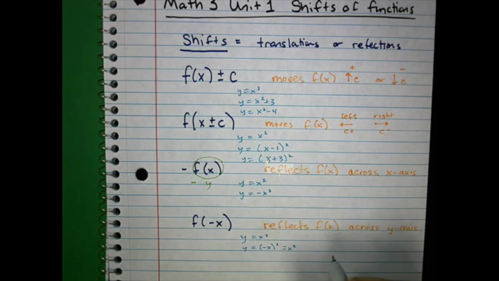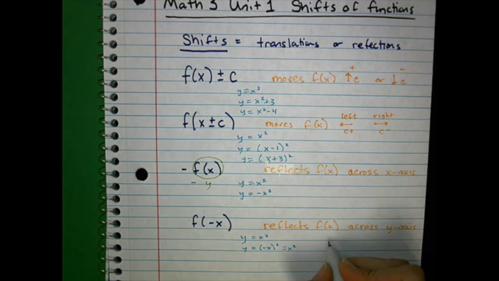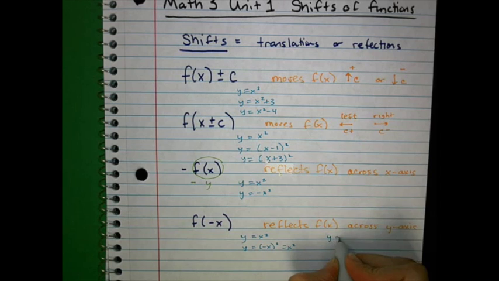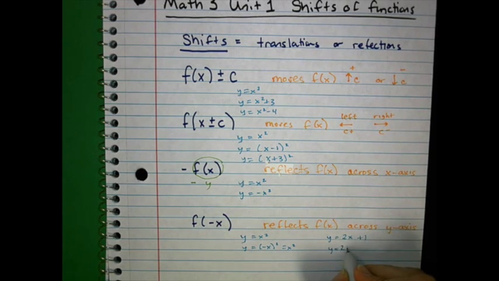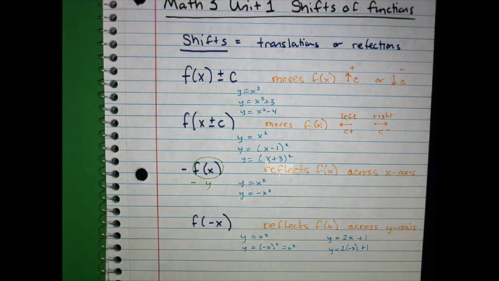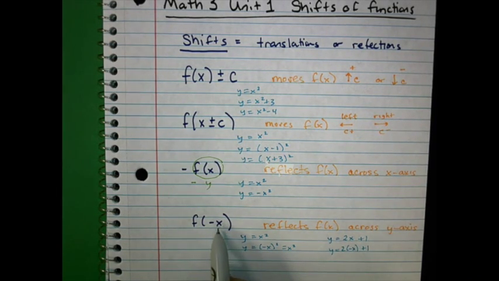You might prefer to use a different function that doesn't have something that would make life positive. You could say, what if I used y equals 2x plus 1, and then y equals negative 2x plus 1, and see what happens to that graph. What you should notice is that I come along with my 1 and I plug that in.